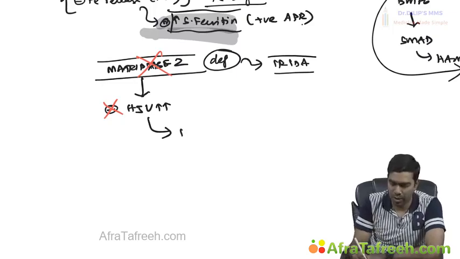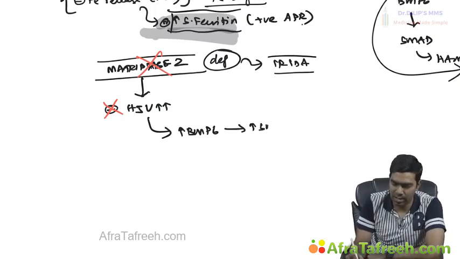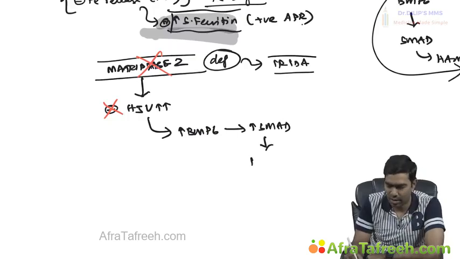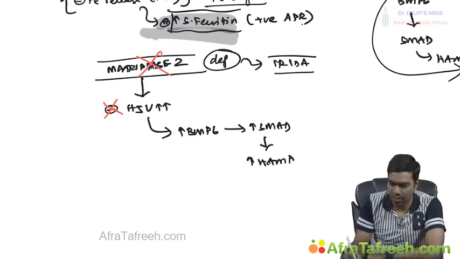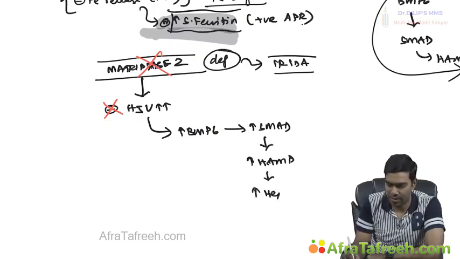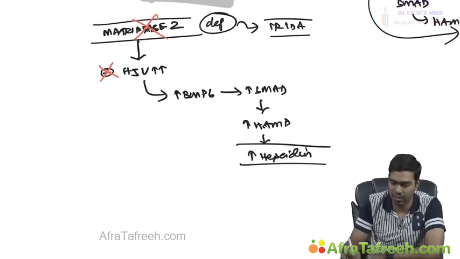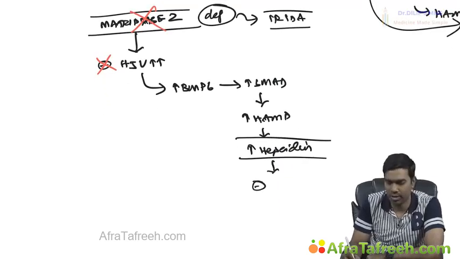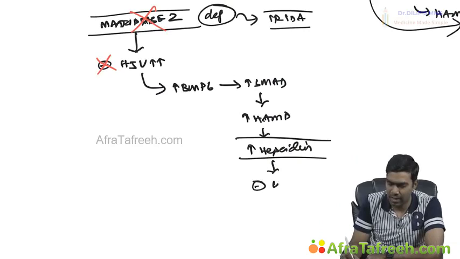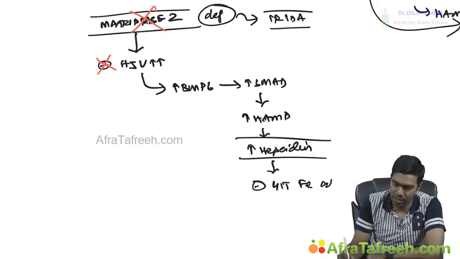You're going to increase the BMP6 signaling, which is going to increase the SMAD signaling, which is going to increase the HAMP gene expression, which is going to increase the hepcidin levels, which means your hepcidin levels are going to be abnormally high in this process, which is going to completely block the GIT iron absorption.